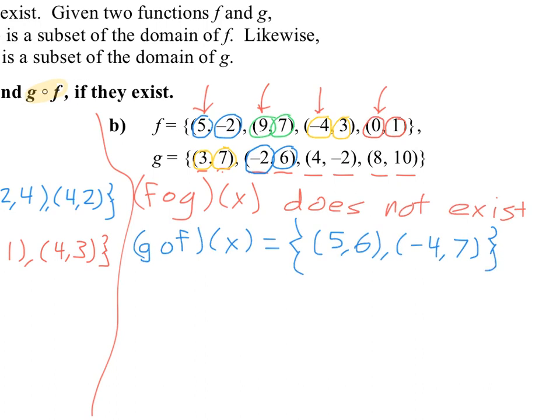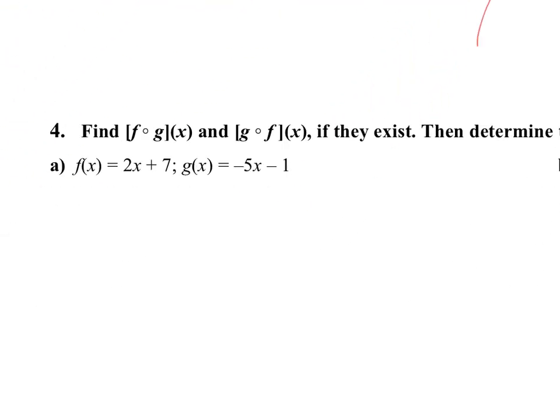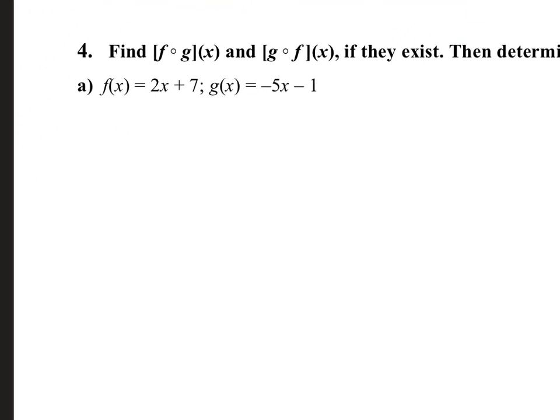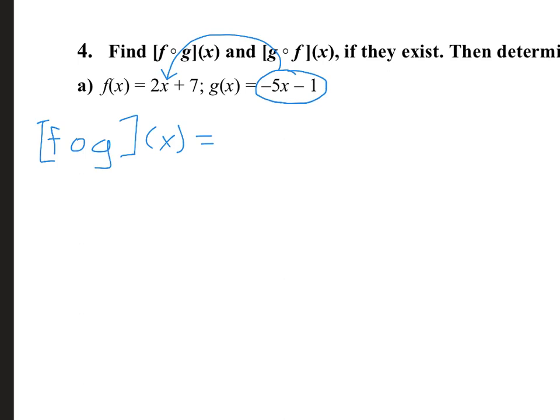Okay, and lastly, for number 4, we're going to find the composition of 2 functions, but this time they give us equations. For number 4, A, we want to find f compose g and g compose f. For f compose g of x, you take the second letter, so you take g, and you plug it in to the x for the other function.